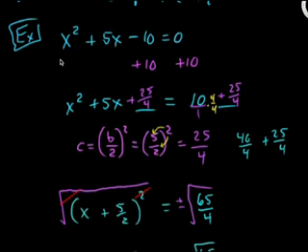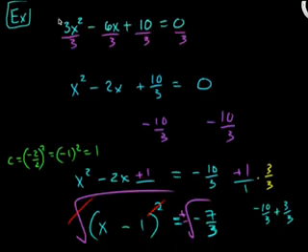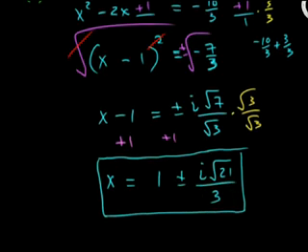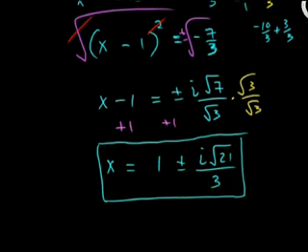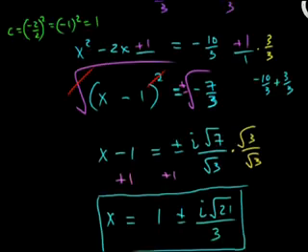Sometimes if you have an odd number as your b term, you end up with fractions you have to deal with. The other situation is anytime your a is not 1, your first step is to divide through by that a value. So those are two tricks. There's one trick that's a modification of both of those, but I'll let you guys struggle with that a little bit on your own and see how that works out.